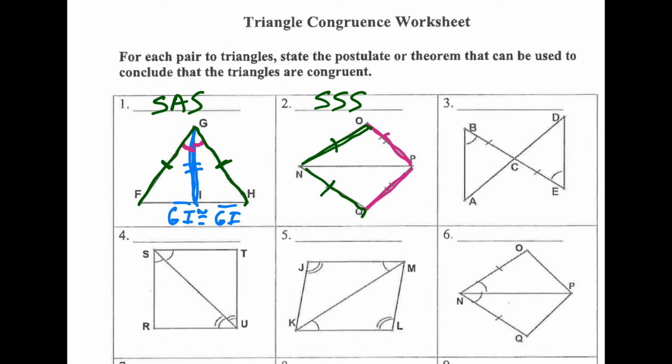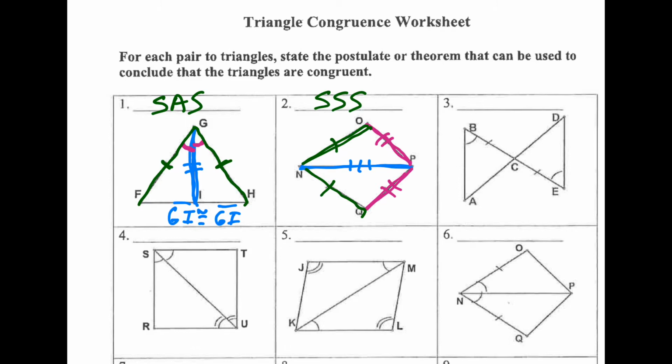They have the tick marks as well. And then once again, we might get a little bit stuck, but if we remember that reflexive property, then I know that this side is congruent to itself. So we have side, side, side on this problem. Once again, we don't know anything about the angles, so we can't start saying anything about them.